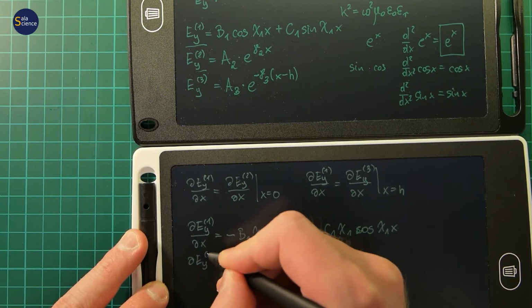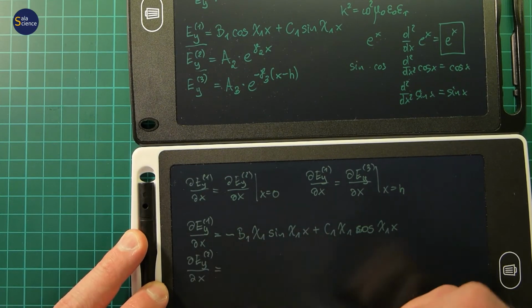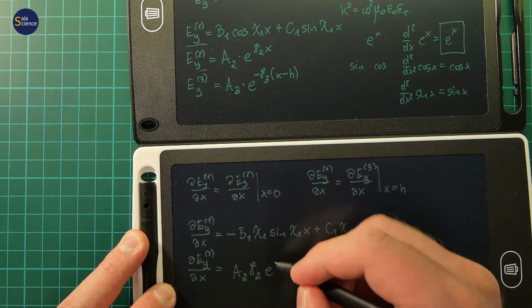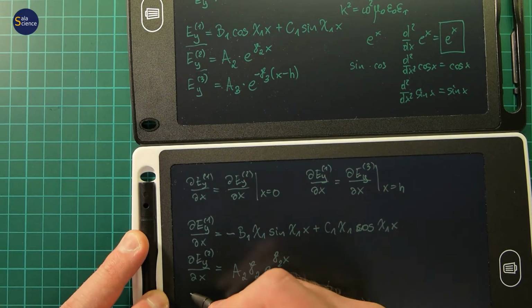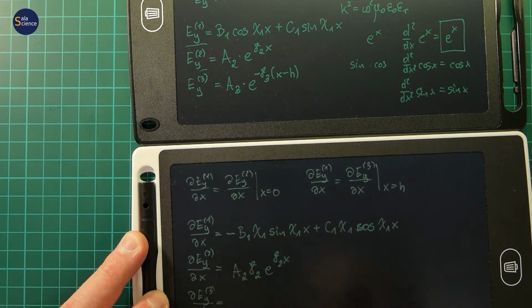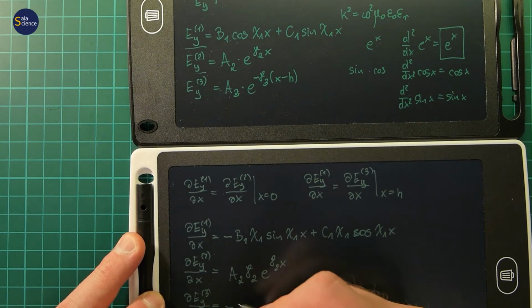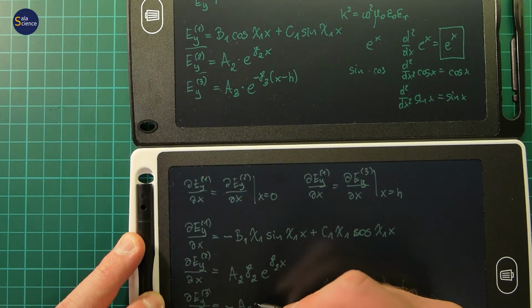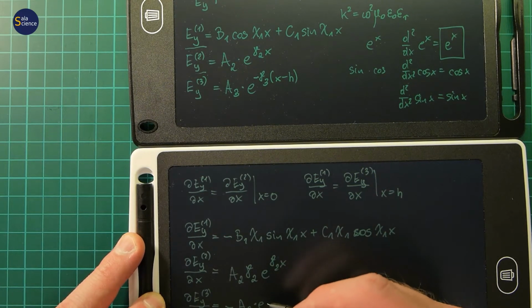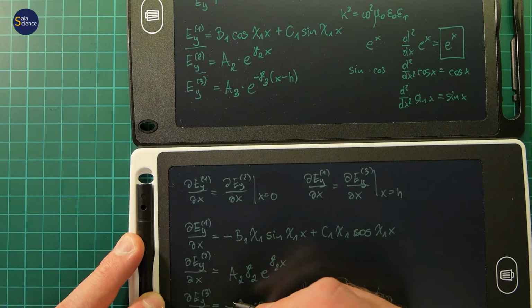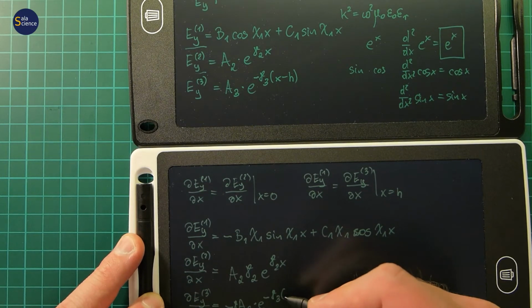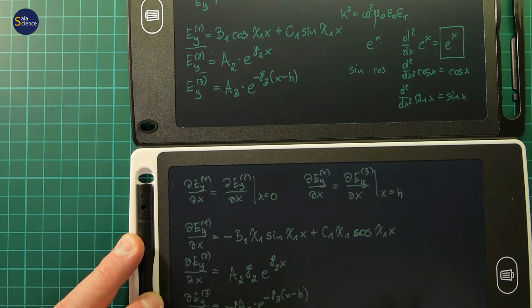The first derivative in the second region will be a2 gamma 2 e to the power of gamma 2 x, and the first derivative in the third region with respect to x is minus a3 gamma 3 e to the power of minus gamma 3 (x minus h).